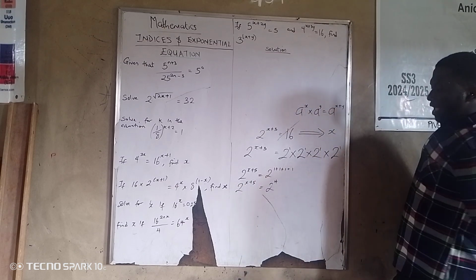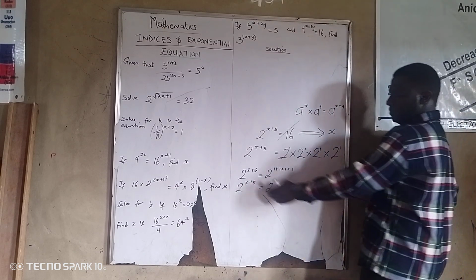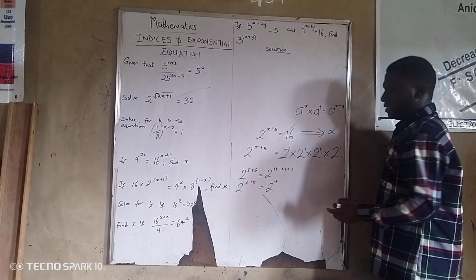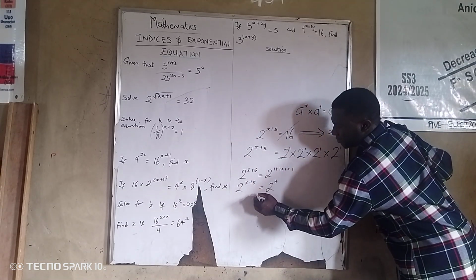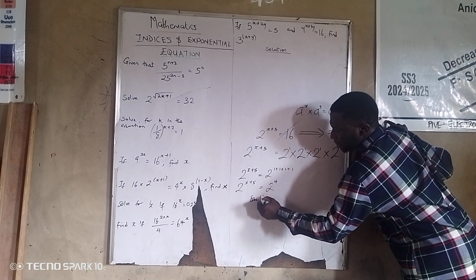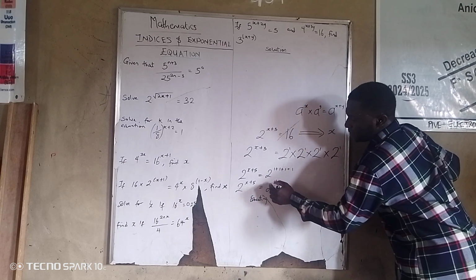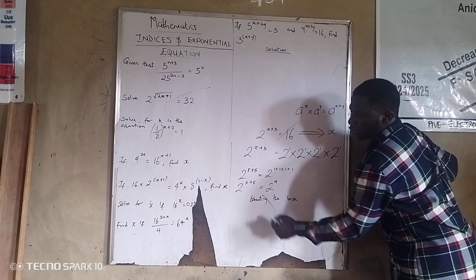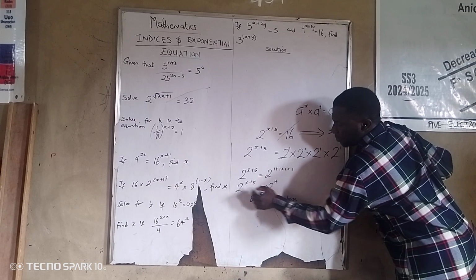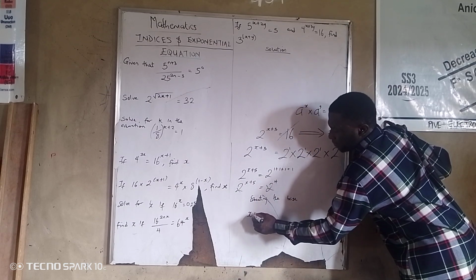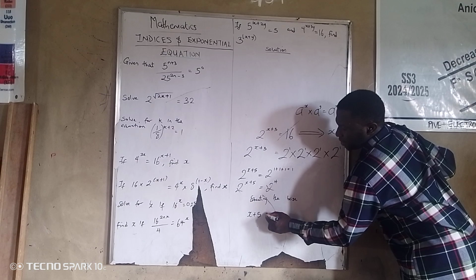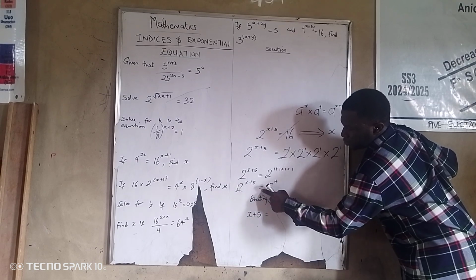Now that the bases are equal, the next thing you do is you cancel out the base. Equating the base means these 2 cancel these 2, so you are left with their powers: x plus 5 equals 4.